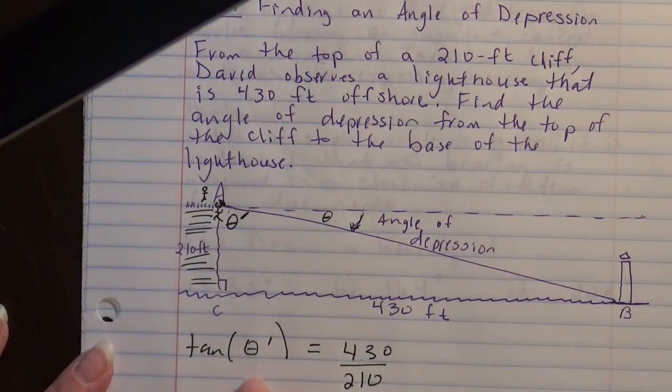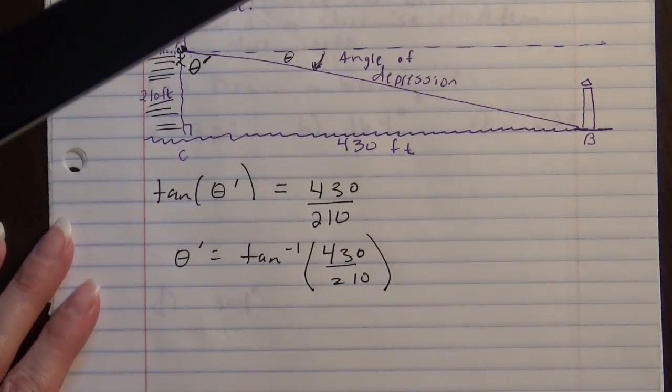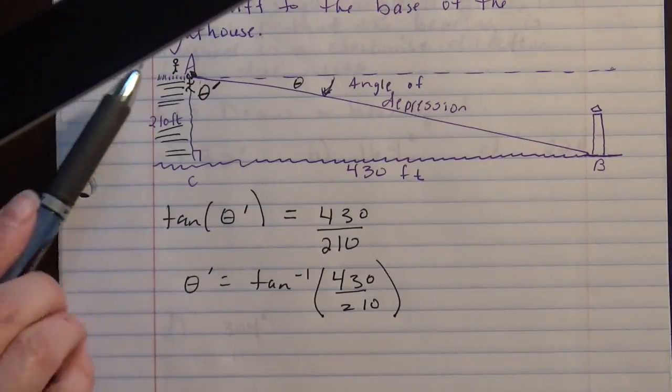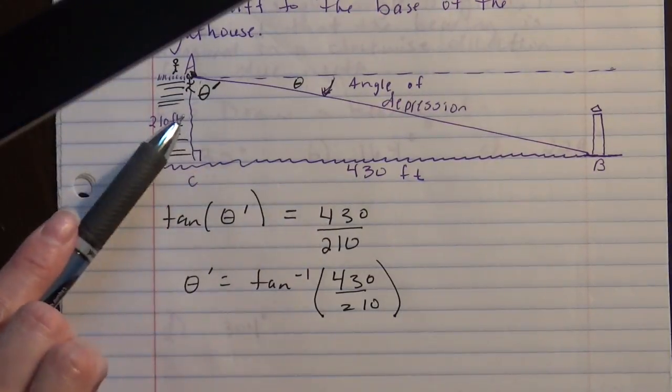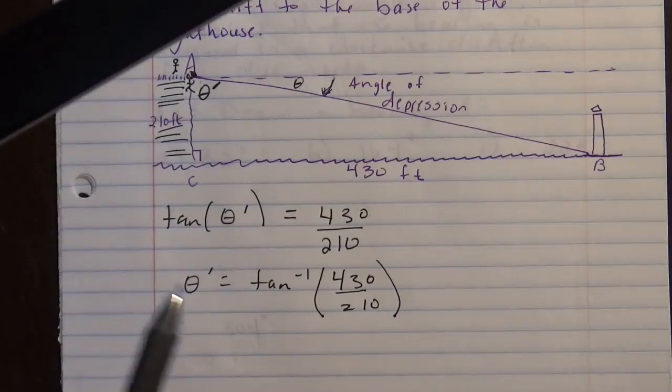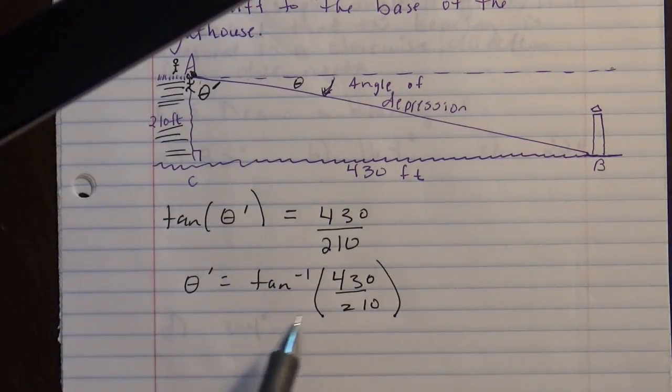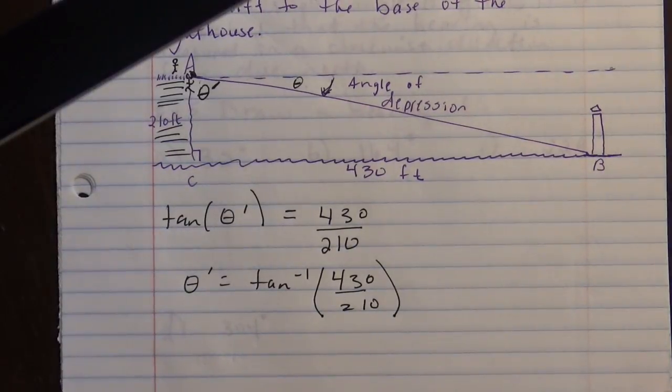And then I can solve for this angle if I take the inverse function, tan inverse, on both sides. So I get theta prime equals tan inverse of 430 over 210. This can be typed into my calculator to get my decimal approximation.